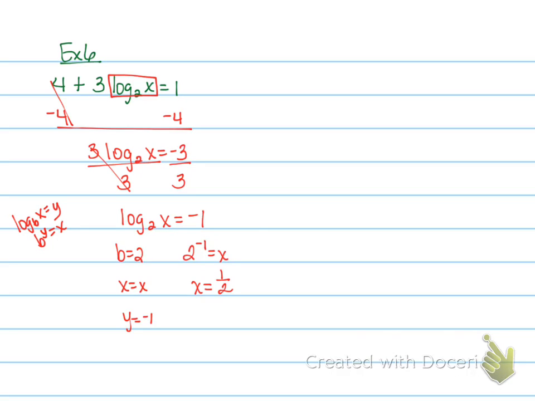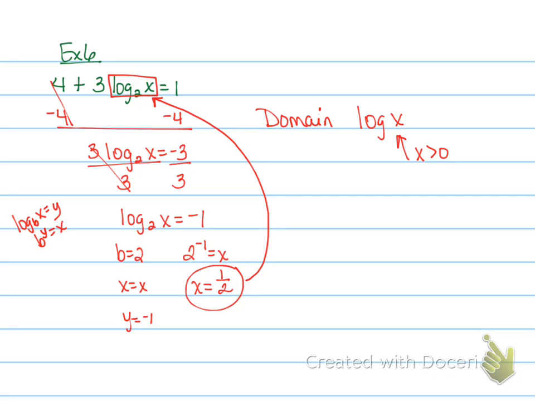Because remember, log has a specific domain. And so when we're solving with logarithms, we have to consider the domain. Remember, the domain says that we cannot take the log of 0 or a negative number. So if we have log of x, whatever that x is has to be greater than 0. So we need to take this 1/2 and plug it back in to that x.